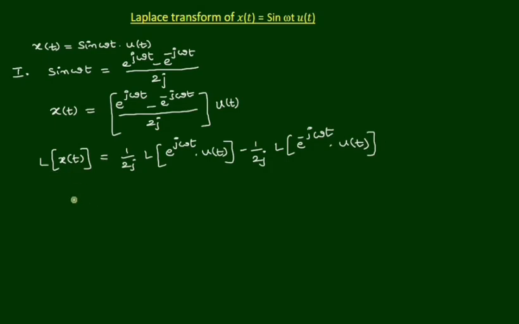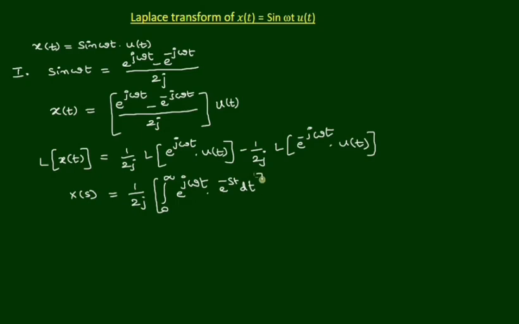So the Laplace transform of x of t is X of s equals 1 by 2j, Laplace transform of e power j omega t multiplied with u of t. So we write integral 0 to infinity. Here I am taking the limits 0 to infinity because of the unit step function, e power j omega t into e power minus st dt.